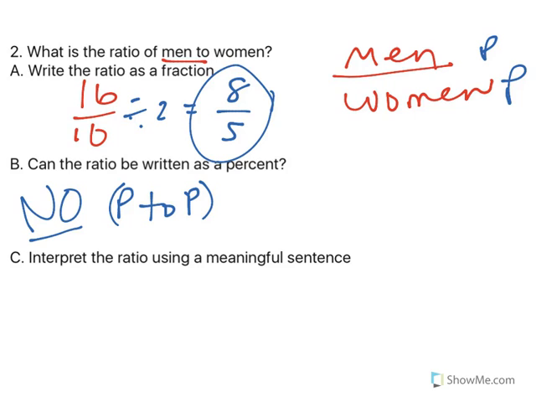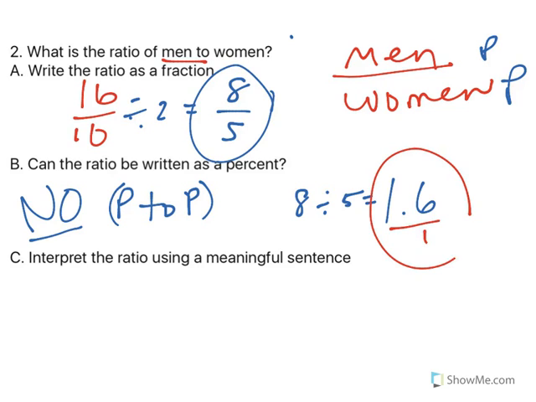Interpret the ratio in a meaningful sentence. Well, 8 to 5, so we could say there are 8 men for every 5 women. Now, if I take 8 divided by 5, I get 1.6. Now, as a fraction, that's over 1.